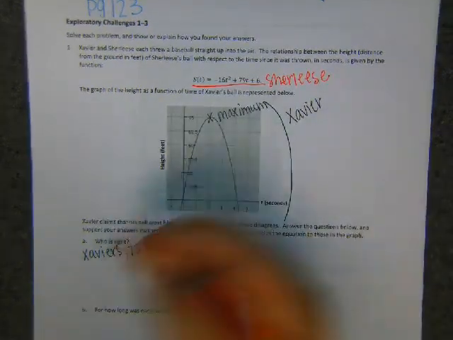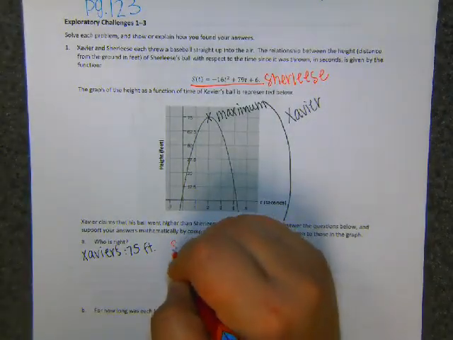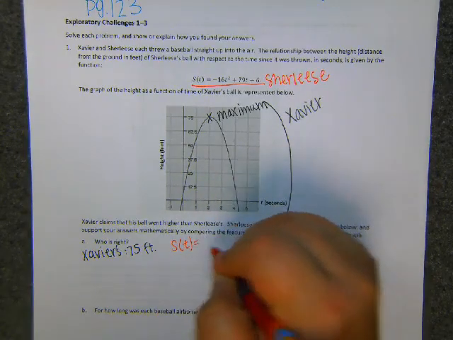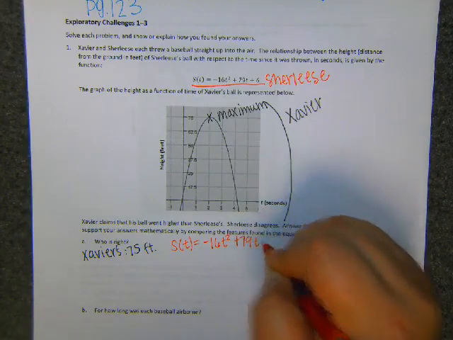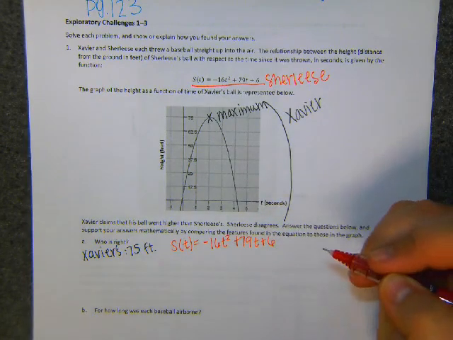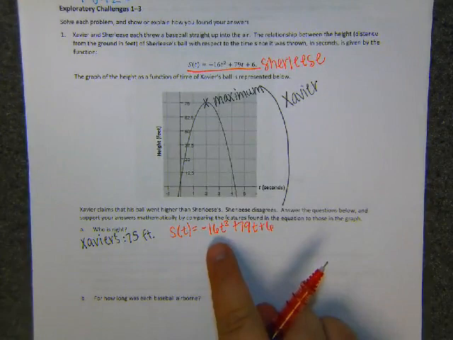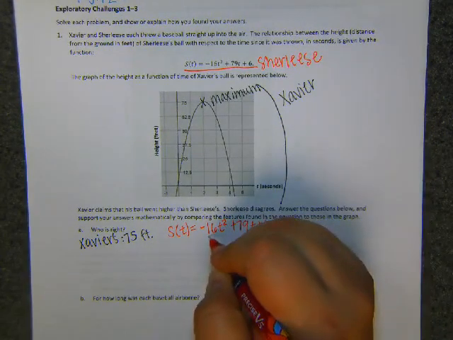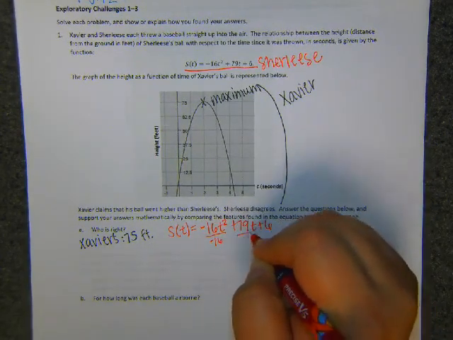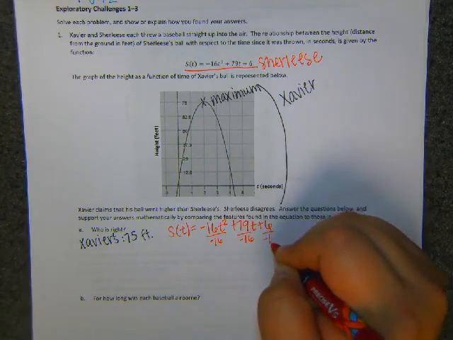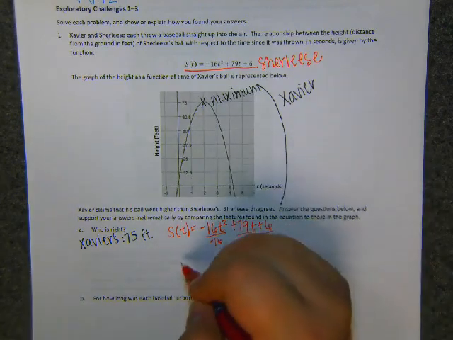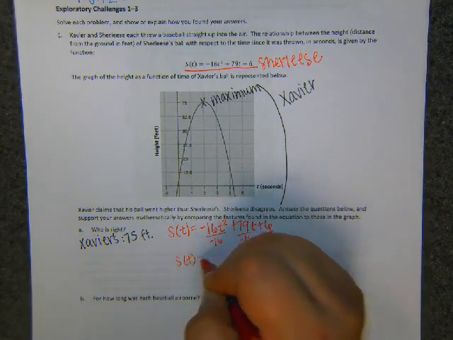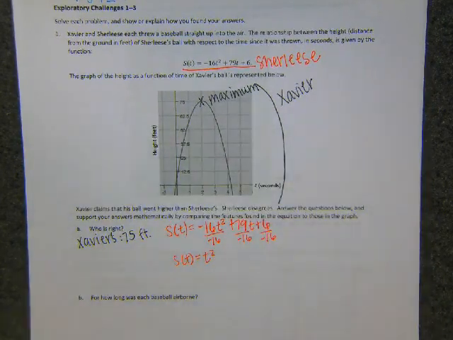So we want to complete the square for Charlize. Her function is negative 16t squared plus 79t plus 6. When we complete the square, remember we need a to be equal to 1, so we're going to divide everything in our equation by negative 16. When we do that, this becomes s of t equals t squared, because negative 16 divided by negative 16 is t squared.